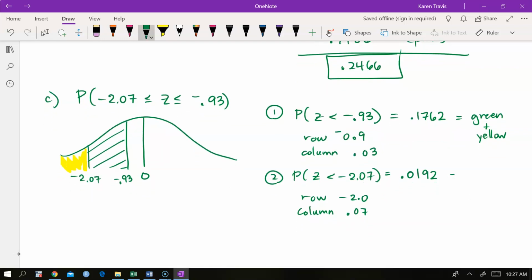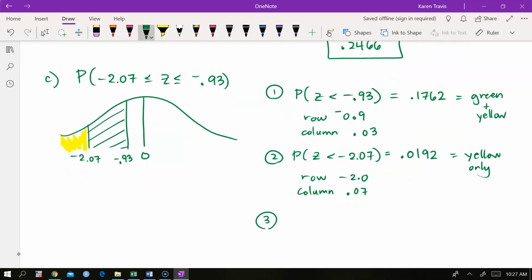And this is yellow only. And so finally, the area that's green only is between these two values, which means I'm going to take the larger area, subtract off the smaller area, and the final answer will be 0.1570.